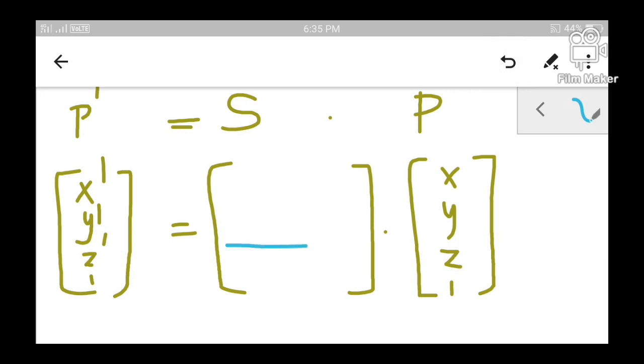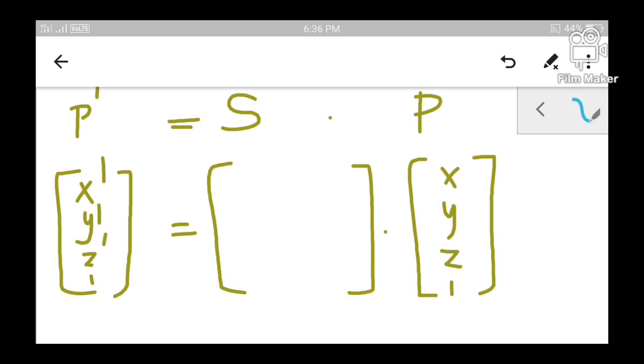And the third row of matrix S, when multiplied with the column matrix, gives the value of Z dash. And finally, the fourth row of matrix S, when multiplied with the column matrix, gives you the value 1. So in this way, each row of matrix S needs to be multiplied to the column matrix to get the corresponding value in the matrix P dash. So what should be the values in S, so that the equations written above do not change?